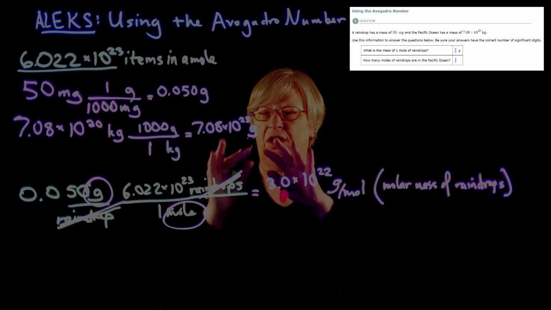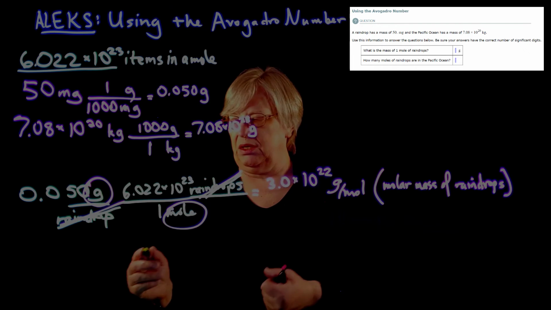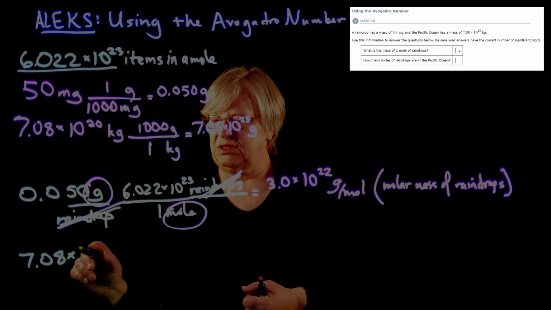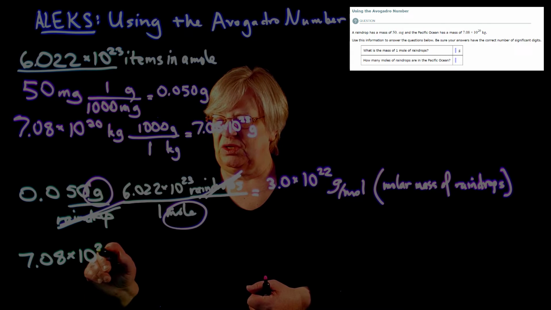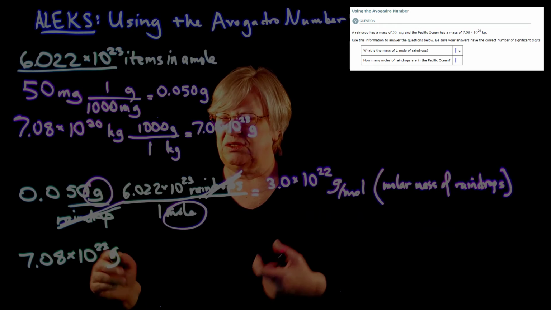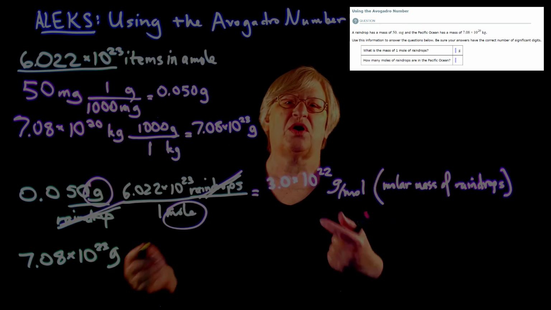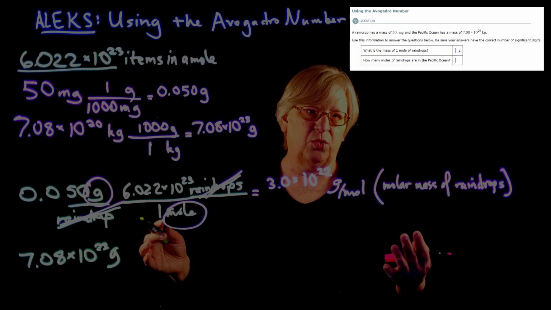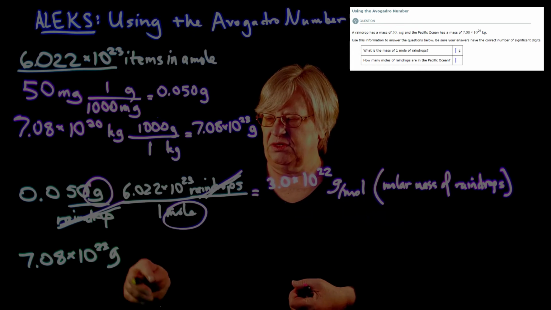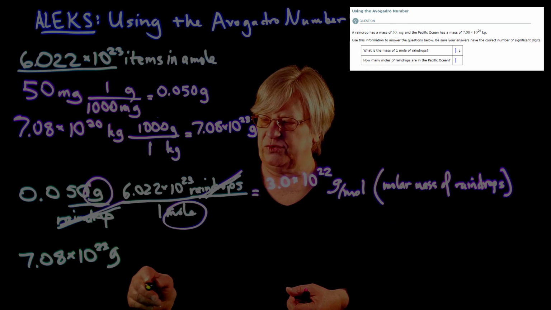Well, we know that all the drops in the ocean weigh 7.08 times 10 to the 23rd grams, because we calculated that, right? That's the mass of all the drops in the ocean, because that's all the water in the ocean, but the water's kind of composed of drops. So that's the drops in the ocean, right?